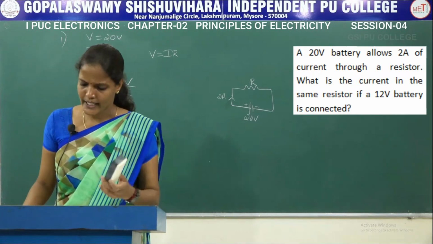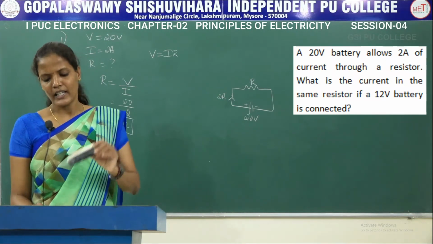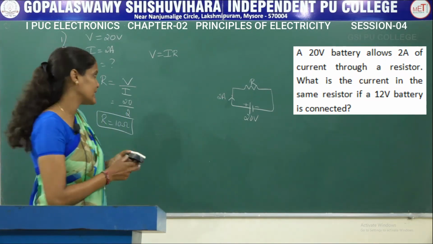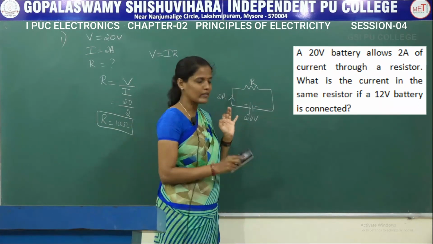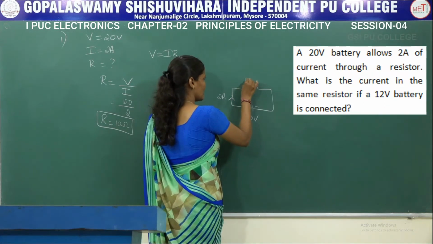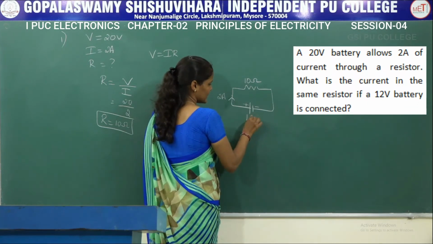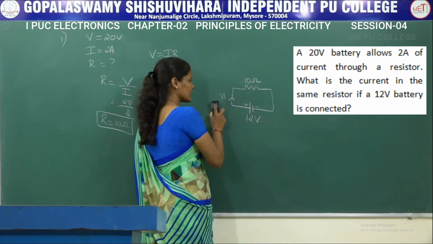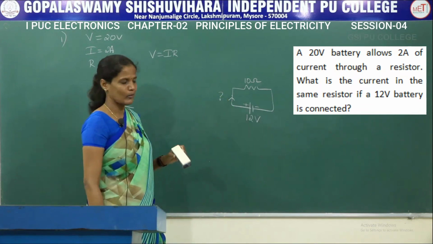Now in the second part, what is the current in the same resistor if 12 volts battery is connected? Same resistor means, whatever resistor value we found in the first part, let me write that value over here. So I am having a 10 ohm resistor and the voltage, that is the battery voltage is 12 volts. Now you have to find out the current for this part.